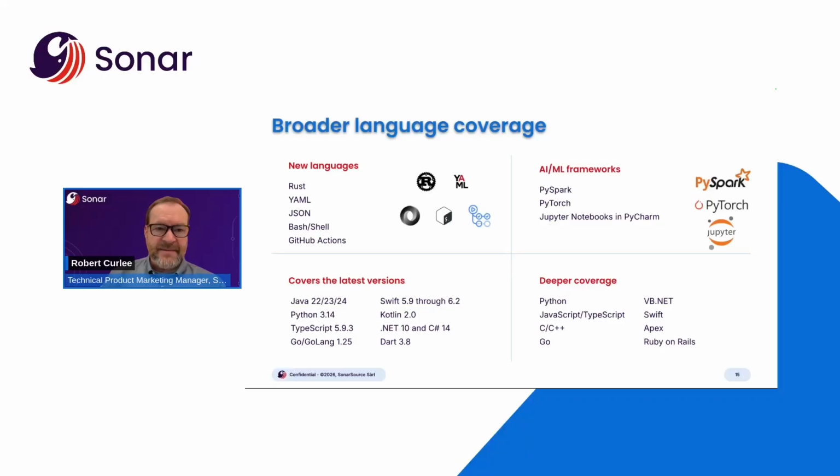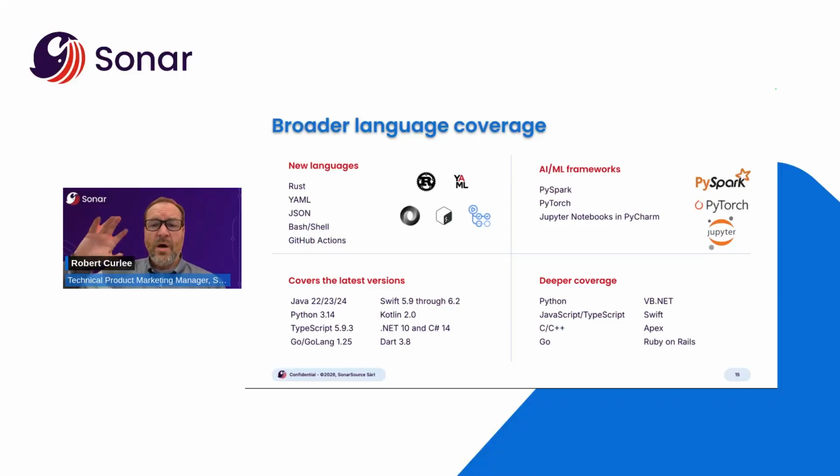We've been keeping up to date with the latest versions of all the big languages. So we now support Java through Java 24. We support Python 3.14, the latest TypeScript, Golang, Swift all the way up to 6.2. I mentioned before Kotlin 2, that's new. The latest .NET 10 and C# 14 and Dart 3.8.